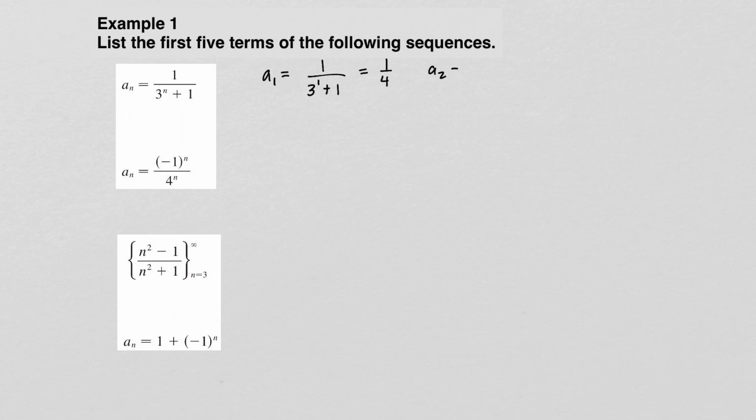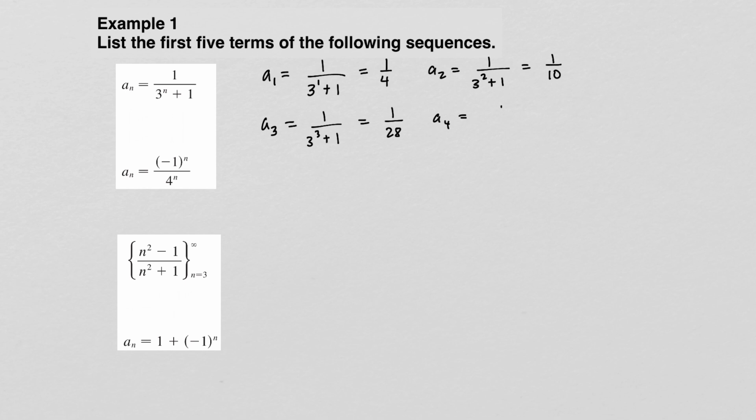The second term is 1 divided by 3 to the second power plus 1, and this is 1 over 9 plus 1, which is 1/10. The third term will be 1 over 3 to the third power plus 1, which is 1 divided by 27 plus 1, which is 1 over 28.